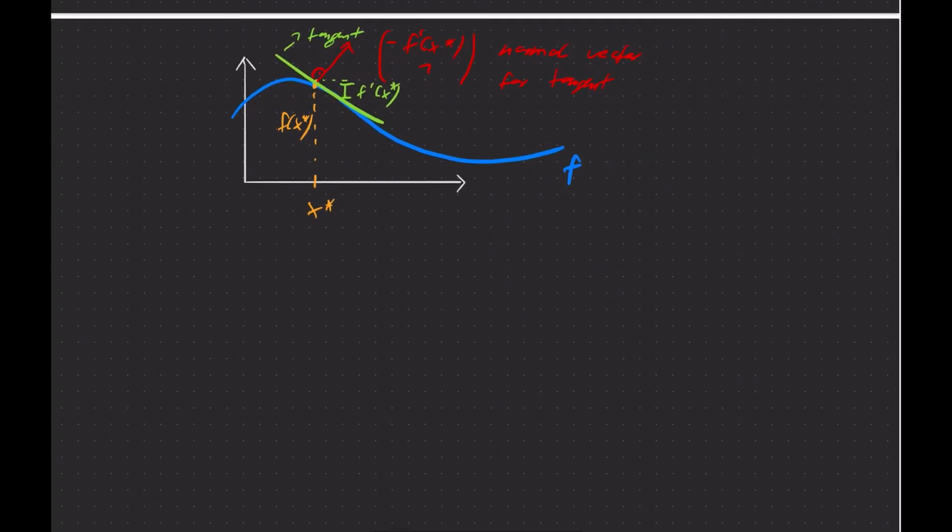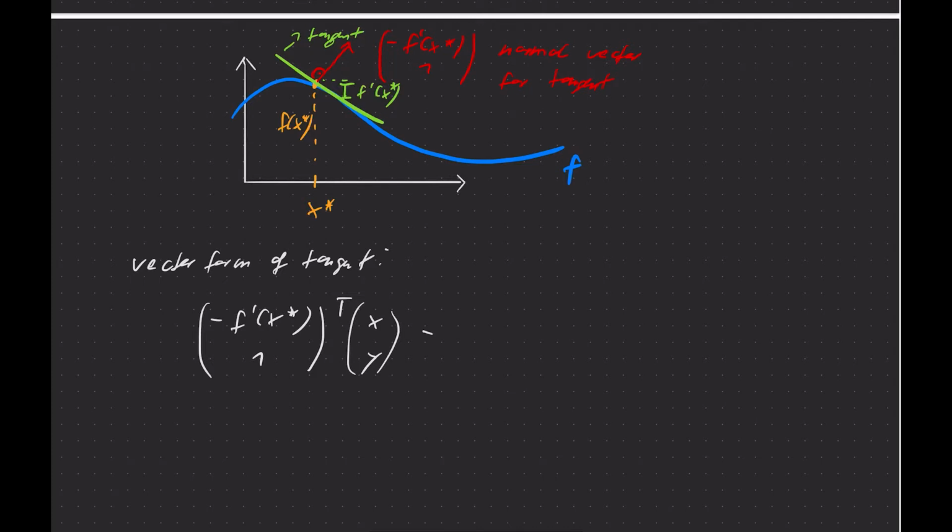Okay, so if you wanted to write that tangent in a vector form, then we could also write it in this way: minus f prime of x star and 1, this normal vector transposed, times x, y is equal to minus f prime of x star and 1 transposed, and then a point that is on the graph, and that of course is x star and f of x star, right?